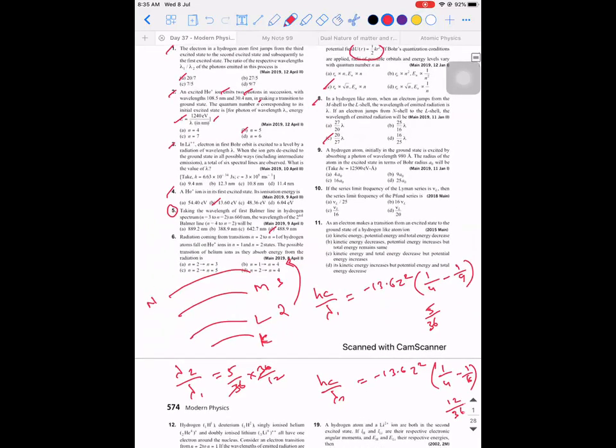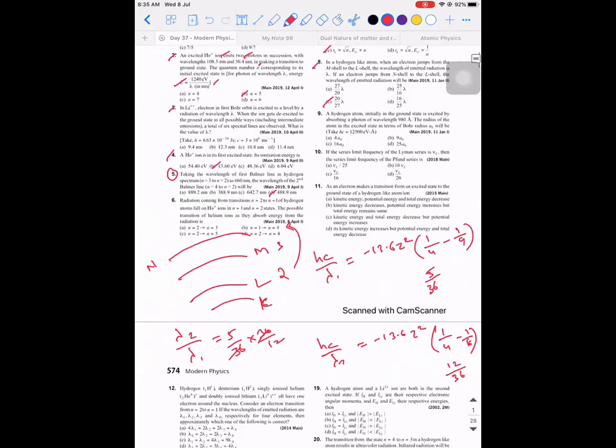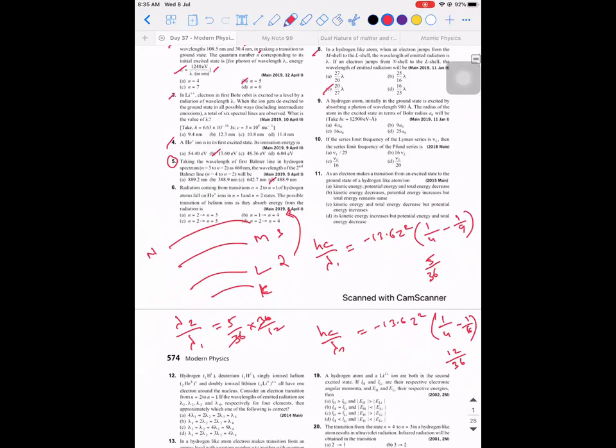See, none of the options are matching actually. Sir, for the second one, it is 12 by 64, sir. Why 64? K, L, M, no? For 2, 4, this will be how much? So 1 by 4 minus 1 by 16 is 12 by 64. Okay, so if you get 64 here, then is it coming?